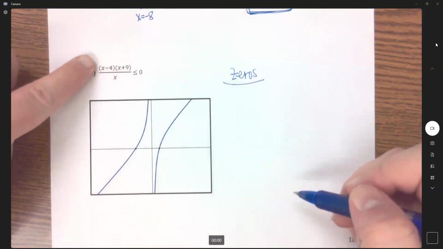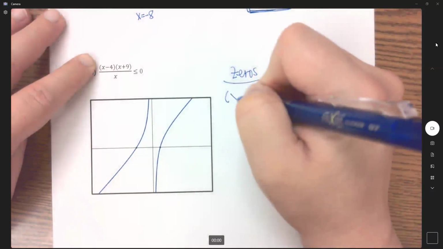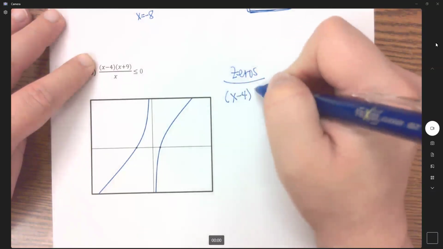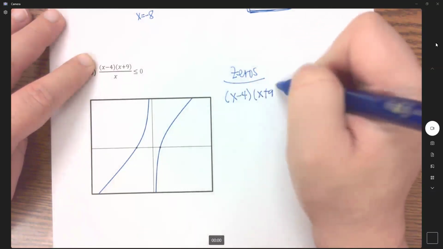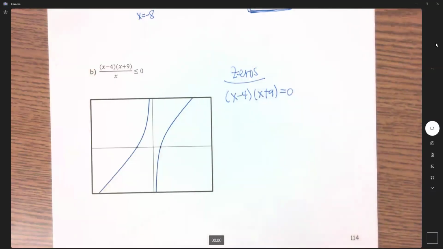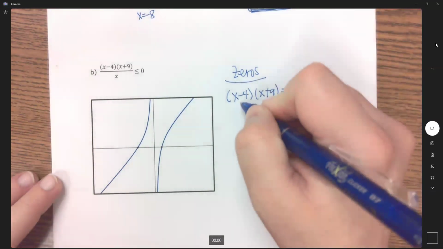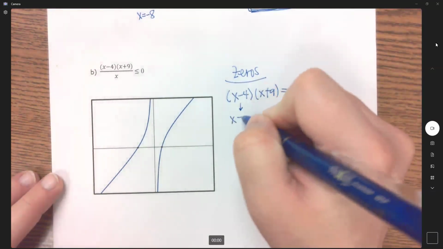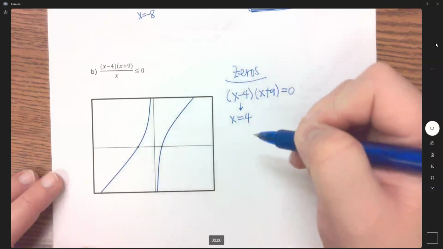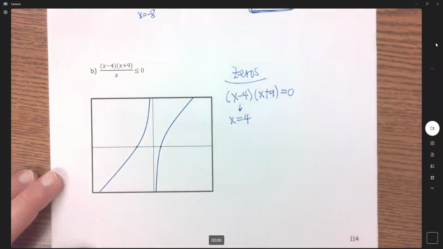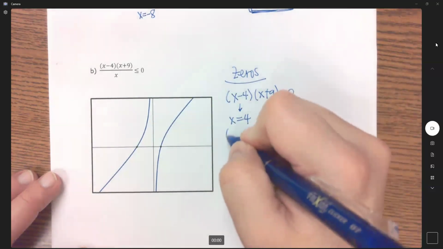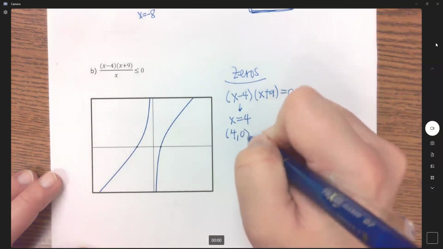To find the zeros, you take the numerator and set that to equal 0. Now, this one's really nice for us because this is already in factored form. So here I'm going to get x equals 4. So we're looking for ordered pairs here since we're talking about zeros or x-intercepts. And so that is at 4, 0.